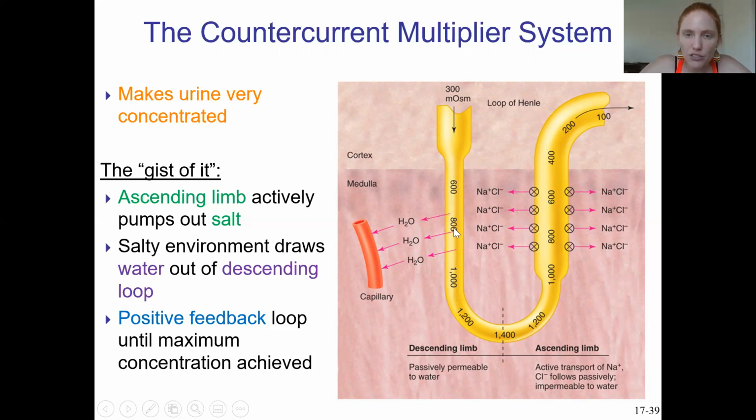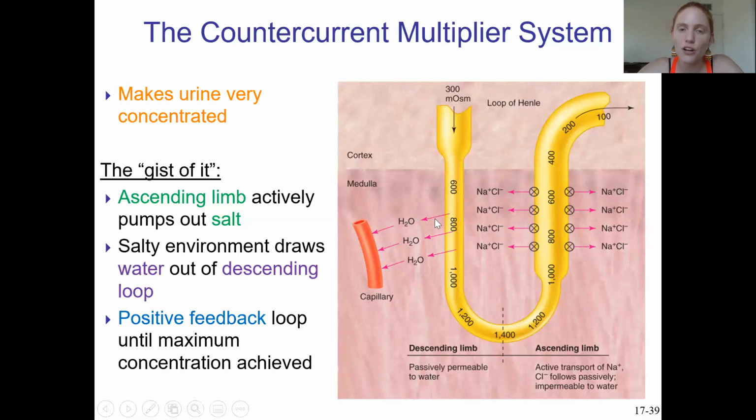Now going back over to the descending limb, the liquid flows through, and this is still fairly liquidy at this point. As the liquid flows through, because it is more salty outside of the tube than inside of the tube, it has a higher concentration of solutes outside of the tube, and solutes suck, so the water is going to flow out of the tube via osmosis.